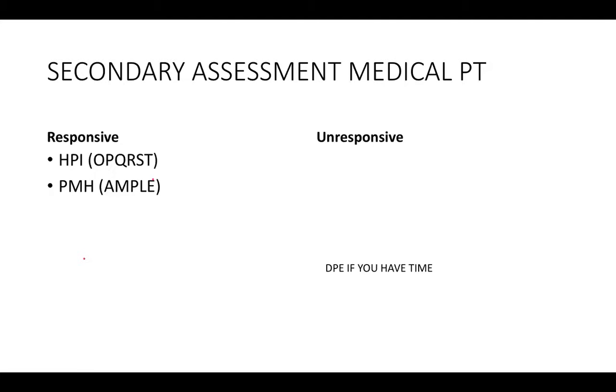Have you been hospitalized over the past 12 months, or is there anything I need to know so I can help you out with your condition? L is the last oral intake. What was the last thing that you ate and drank and how long ago? E, events leading up to. This is almost the same as onset, but you're still required to ask it. Just to clarify, is there anything out of the normal that you were doing when all this happened? So that's your PMH or past medical history.